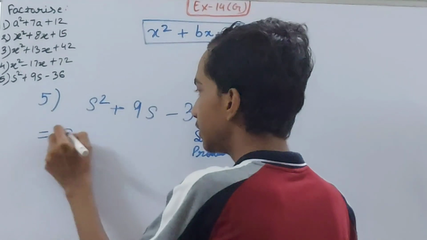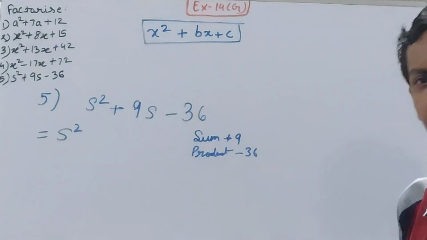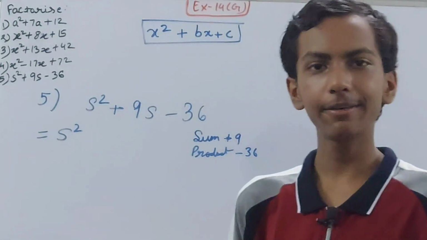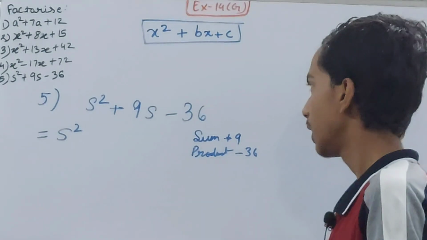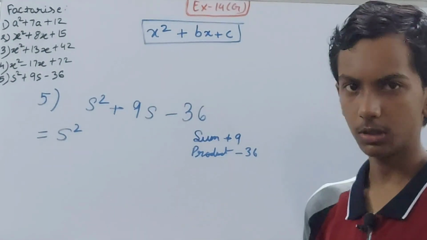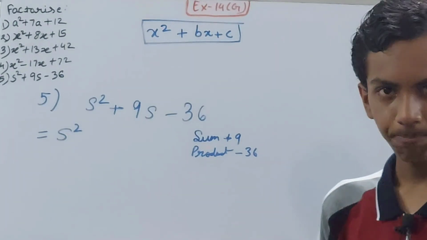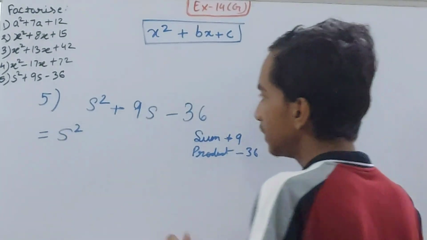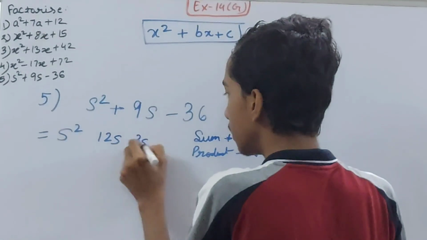Now see here. We will begin, s square will stay as it is, 9s and 36. So can you think of any factors of 36 who have their sum as 9? Let's see. 4 and 9. No, not possible. 12 and 3. 12, okay, and 3. How? See. Don't attach any signs to these right now.